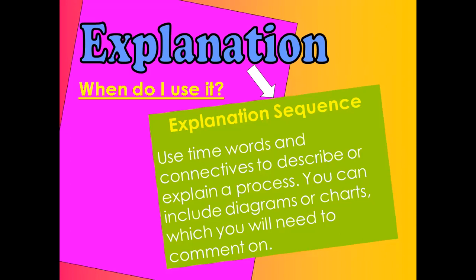The cause is the reason, and the effect is the result. So when you explain something, you need to highlight the cause and the effect. You can also include diagrams, charts, and pictures to help the reader to understand.